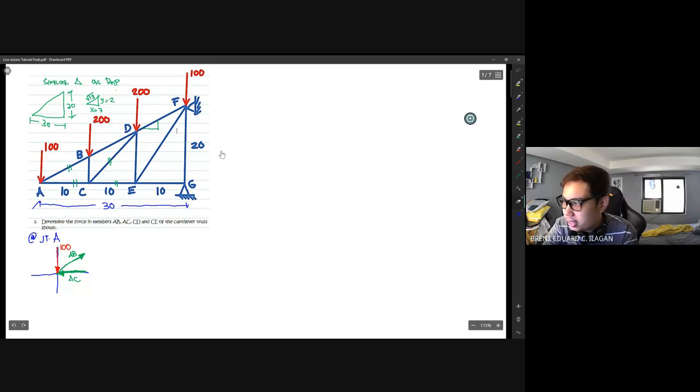And meron pa tayong isang kailangan malaman dito. So that is the slope of this triangle. So kailangan din natin makuha to, guys. Okay? Kasi iba yung angle of inclination nito. Kung gagawin mong theta yan, hindi ito theta. Ito ay alpha.